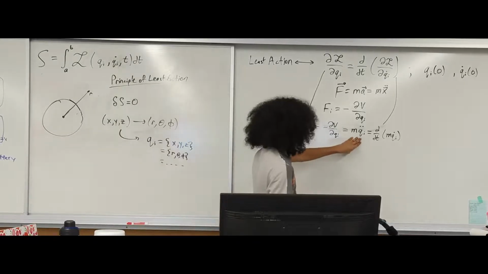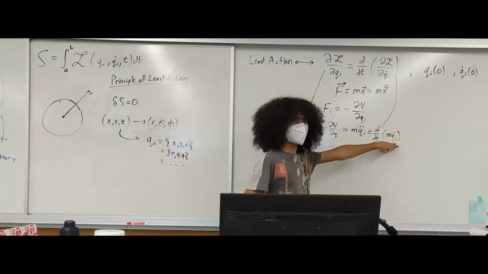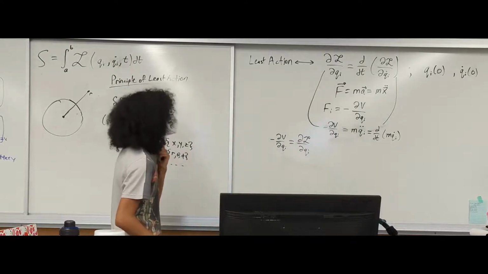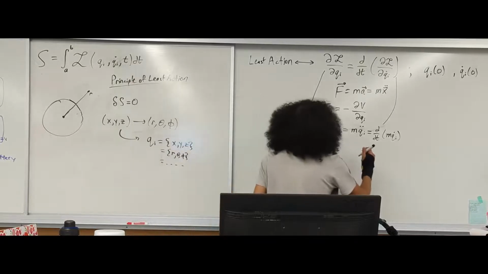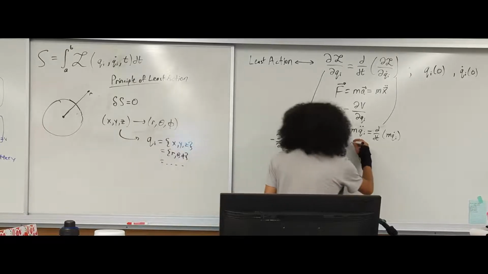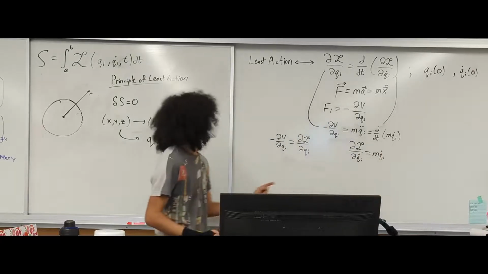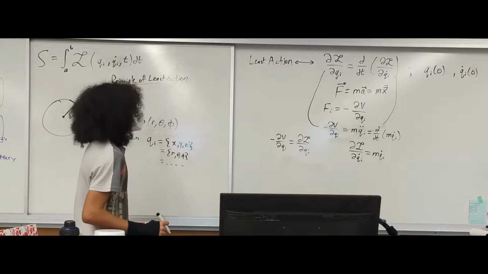But this is the time derivative of this, the m q dot. So what we might want to say is that this partial derivative, dL by dq dot, is equal to m q dot for each i.